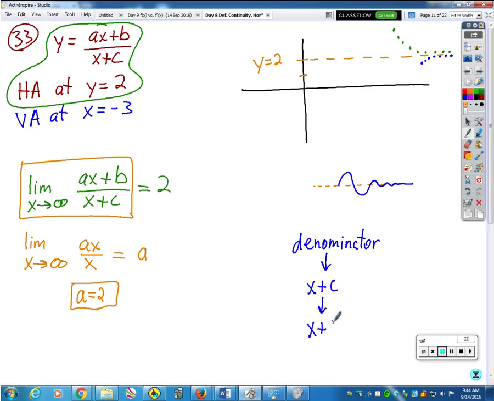So X plus C has to equal 0 for X equal -3, because -3 is the location of the asymptote. Therefore, -3 plus C must equal 0. That allows us to conclude that the C value is 0.